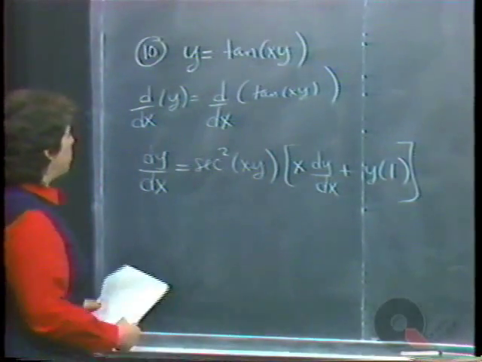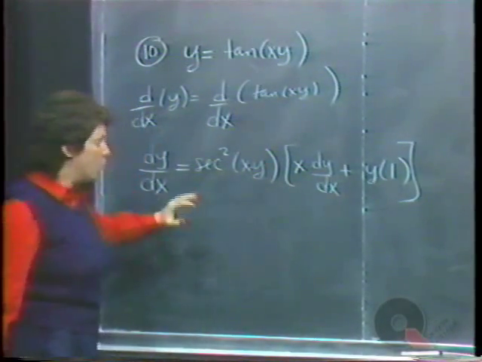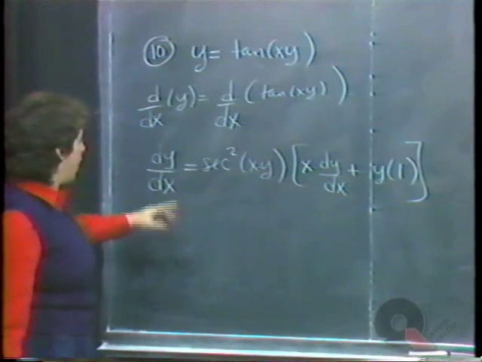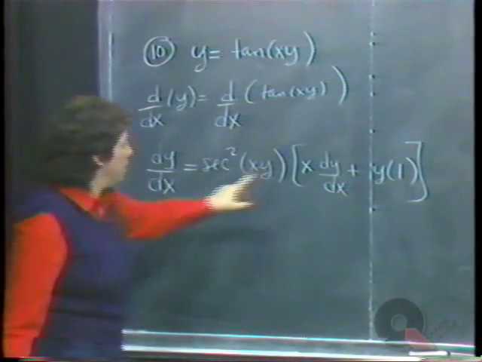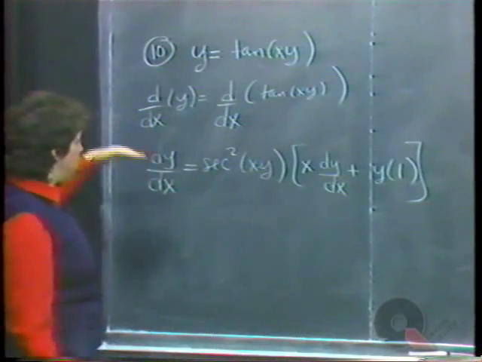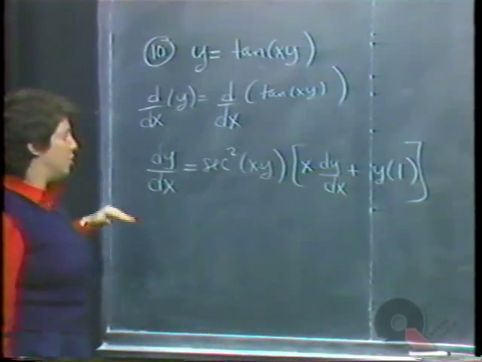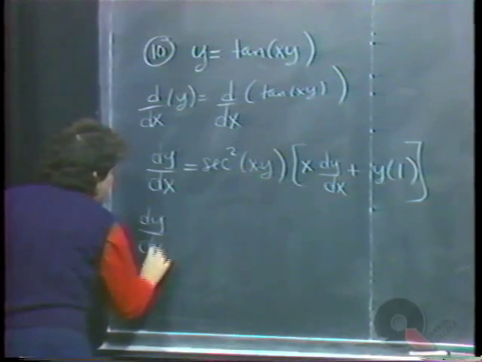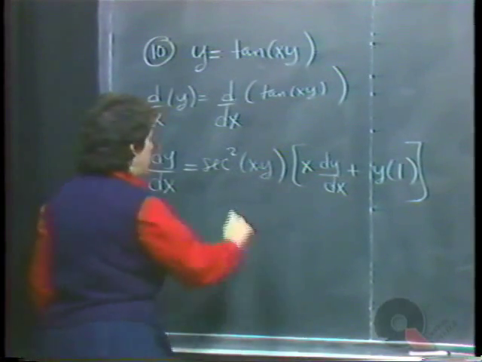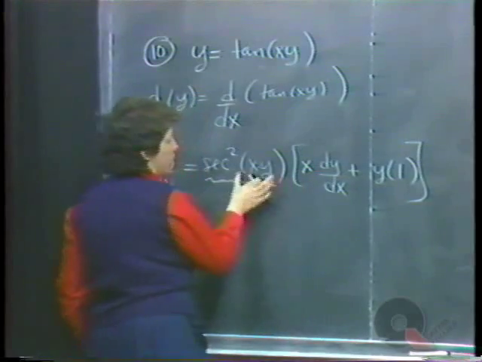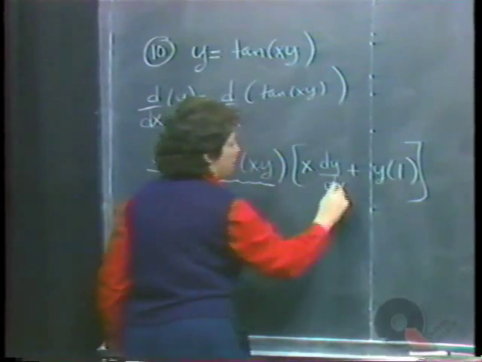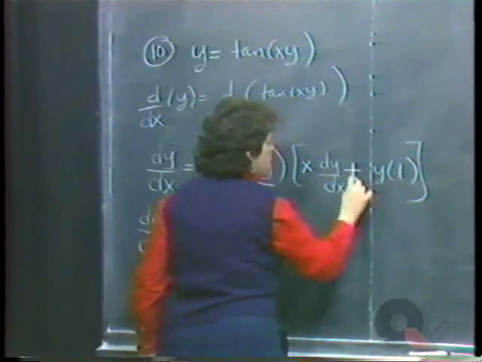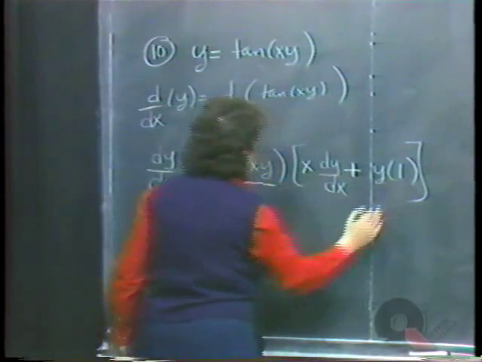Now, we're not finished until we have dy dx alone on one side of the equation. And as you can see, we have dy dx here and over here. The calculus part is finished. The rest is just algebra. The best thing to do here would be to distribute the secant squared xy through the parentheses here. Remember, we have x dy dx plus y.